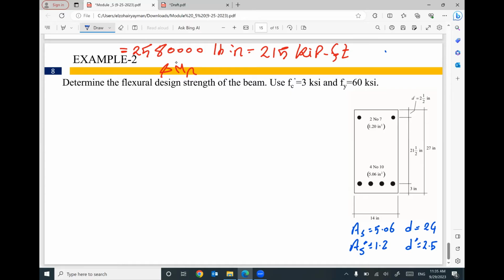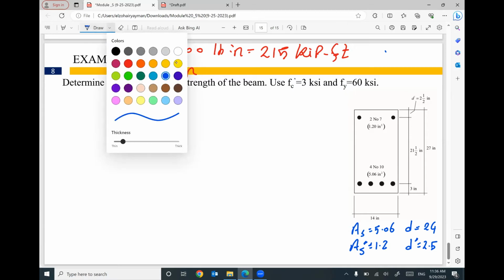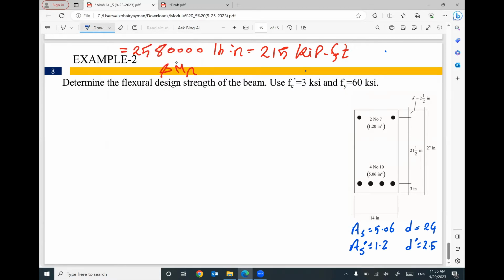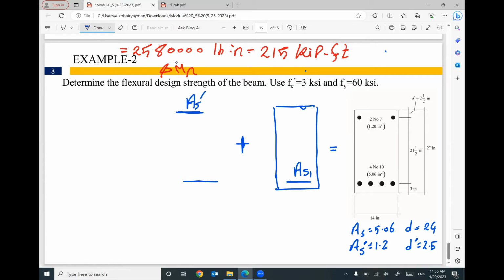So far, until this moment, I don't know if the steel reinforcement in compression yielded or not. So I will start from scratch. I will assume this cross-section is divided into two parts. The first part looks like this, with part of the area steel, I will call it area steel 1, with the concrete cross-section and the steel reinforcement in compression, area steel prime. The second part, with part of the steel reinforcement in tension, I will call it area steel 2.